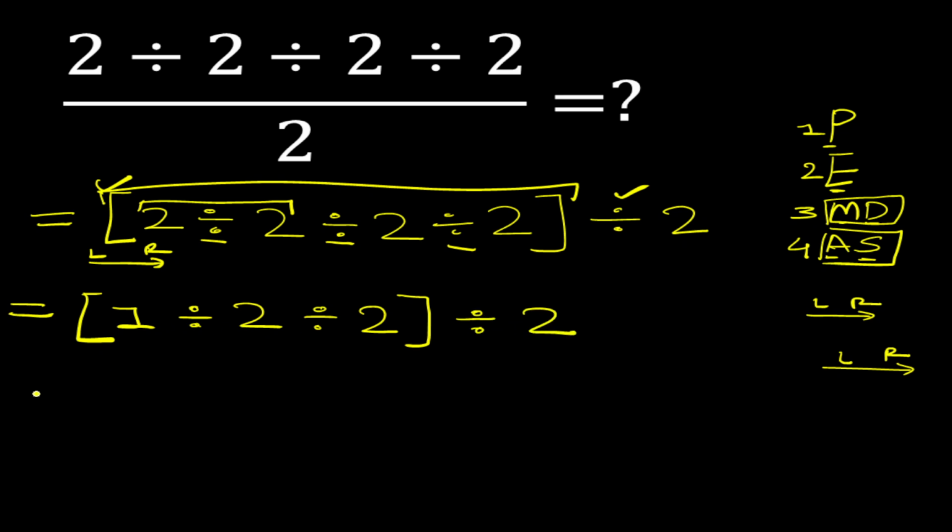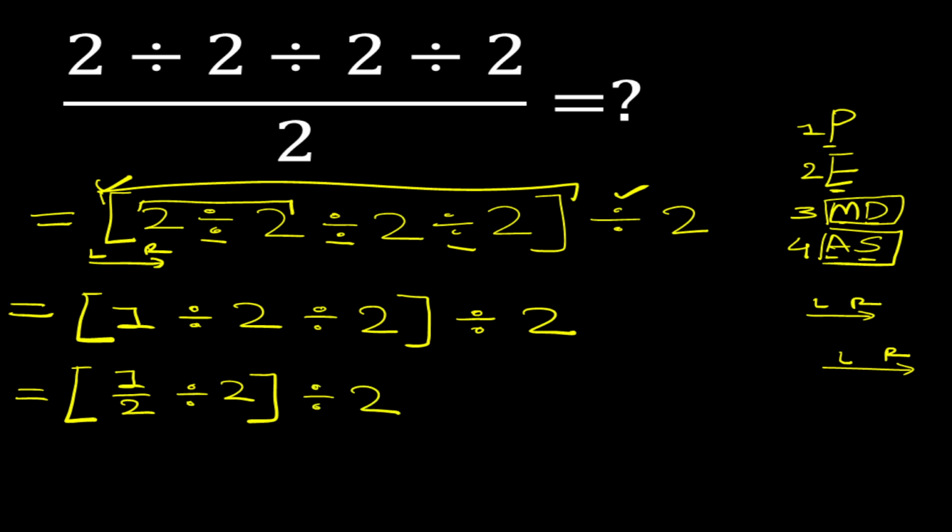So now 1 divided by 2 can be written as 1 upon 2, divided by 2, and it's all divided by 2, right?